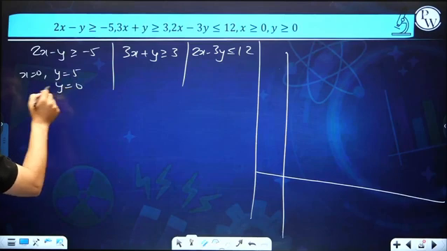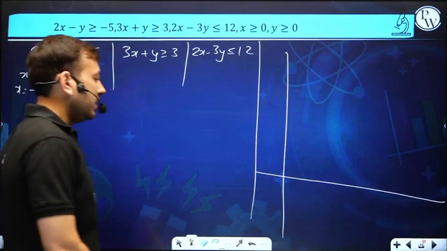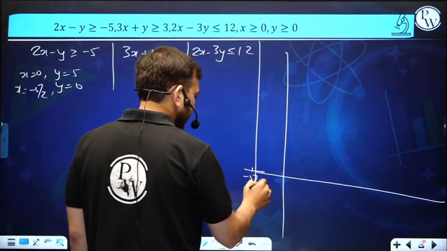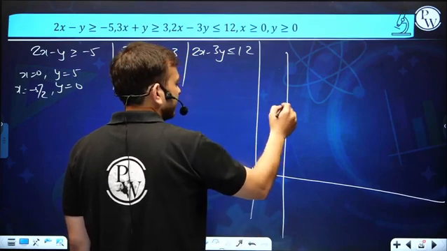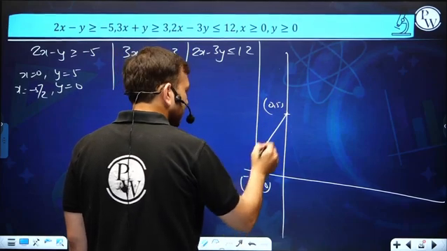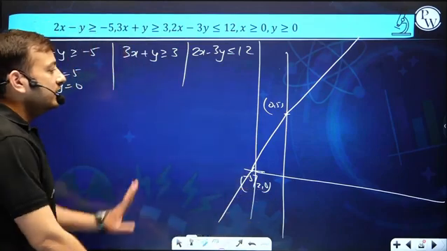If y is 0, x will be minus 5 by 2. Somewhere here it is minus 5 by 2, and this one is 0, 5. The equation will be somewhat like this.